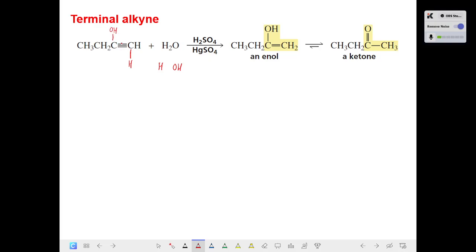So, ito magiging double bond na lang. And then, the OH here, the COH will become C double bond O. The double bond will become single, and then C, and then lilipat yung H na inalis natin doon sa OH. So, magiging ganyan siya.